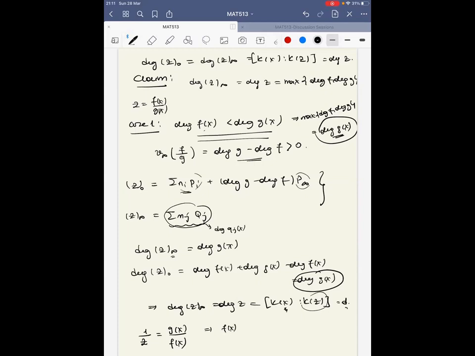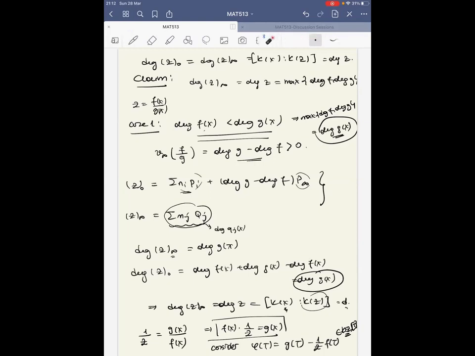And multiplying both sides by f of x, with respect to this equality, we may consider the polynomial phi of t as g of t minus 1 over z times f of t, with coefficients from the rational function field k of z over the polynomial ring with indeterminate t.